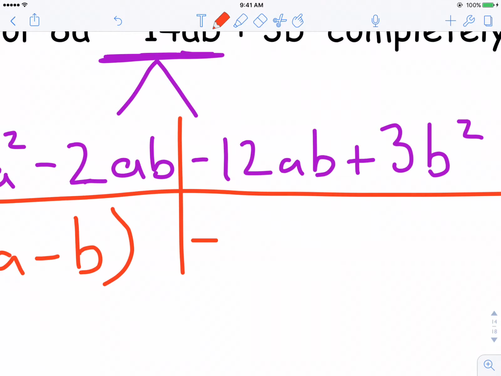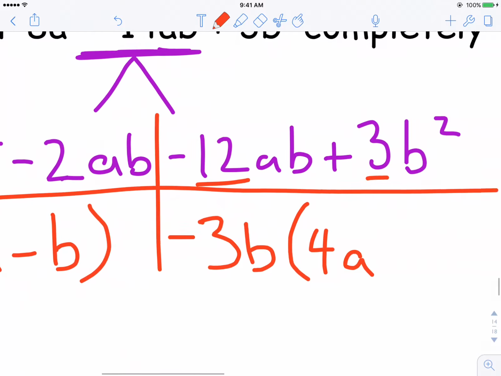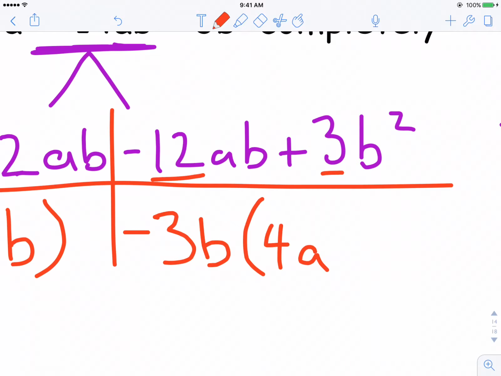So negative something, in this case both 12 and 3 divide by 3, and b. So negative 12ab divided by negative 3b is 4a, and then positive 3b squared divided by negative 3b is going to give me minus b.